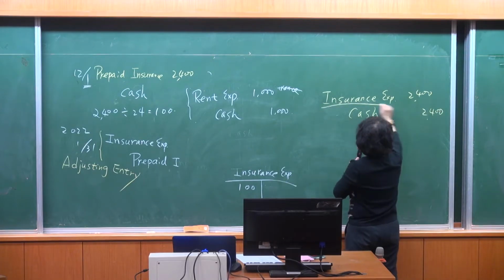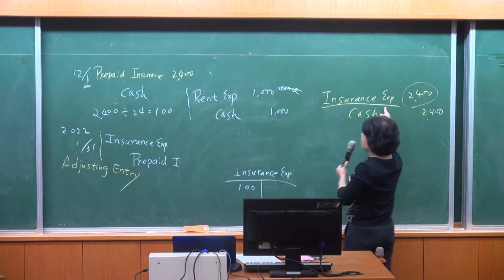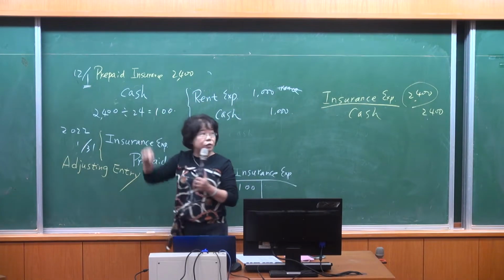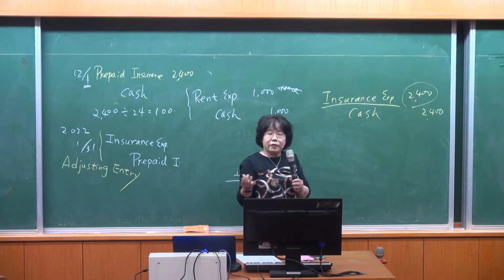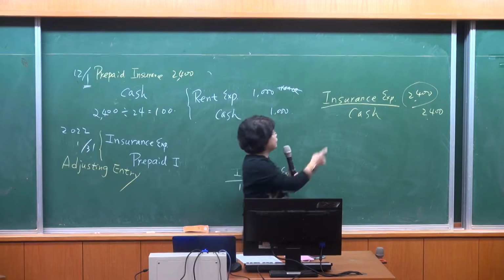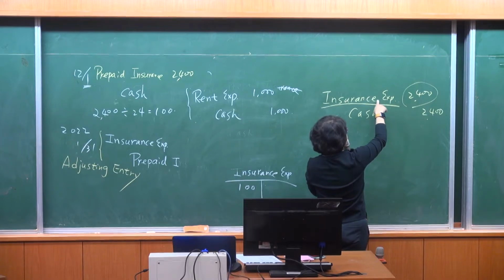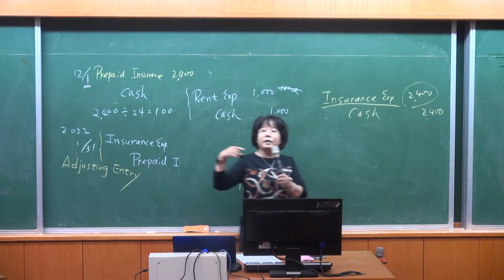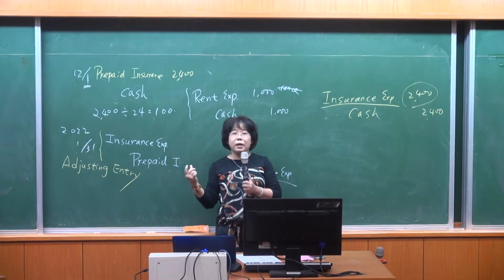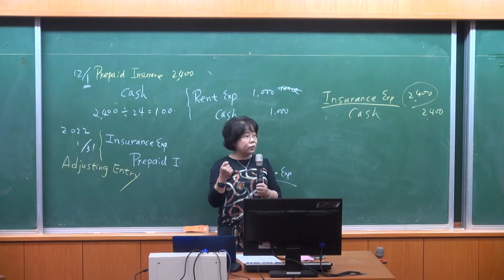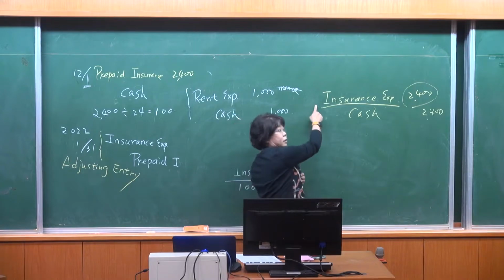So you put the whole money for the expense instead of the prepaid item. So you will see very unbalanced because for this month you have such a huge amount for insurance expense, but for the later on 23 months, every month the insurance expense is zero because you put all the money here.